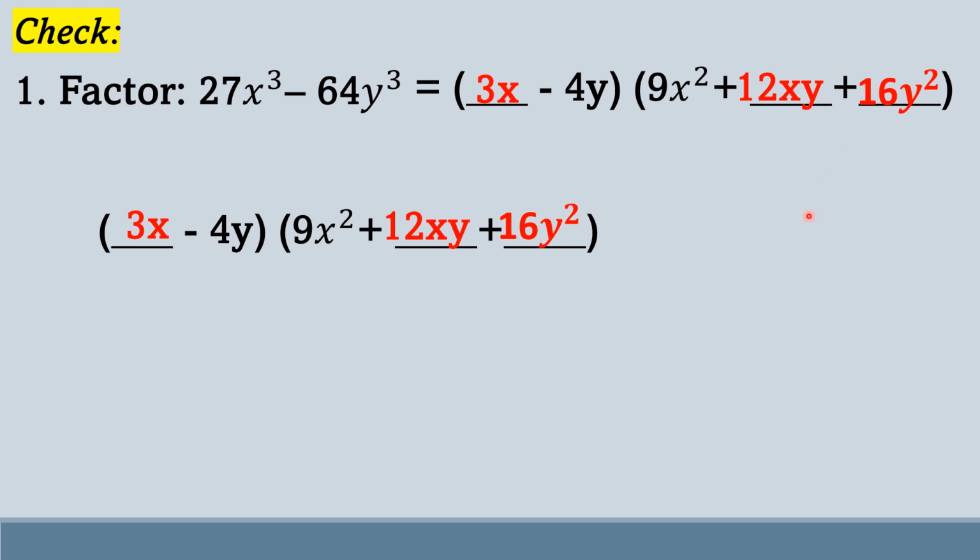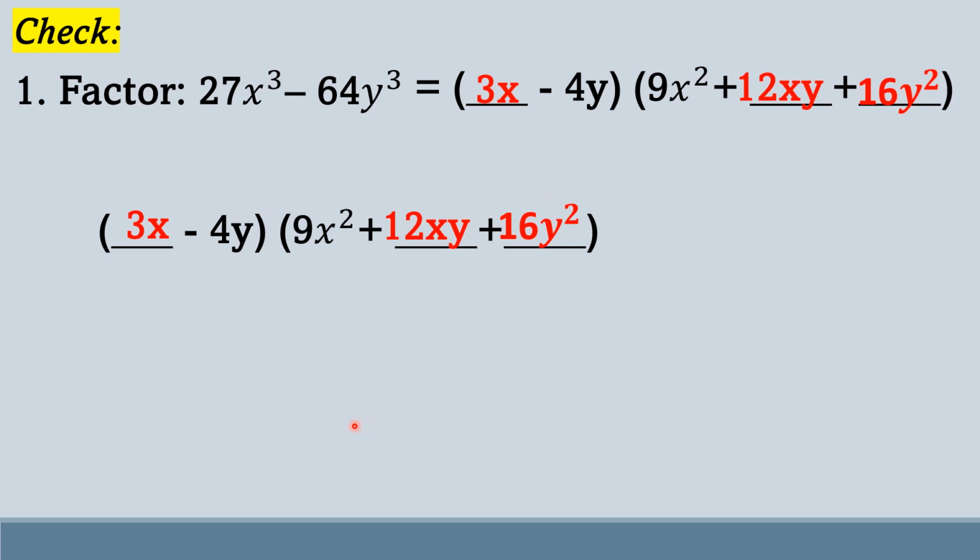So how are we going to check? We are going to multiply the first term of the first factor by each term of the second factor and multiply the last term of the first factor by each term of the second factor.